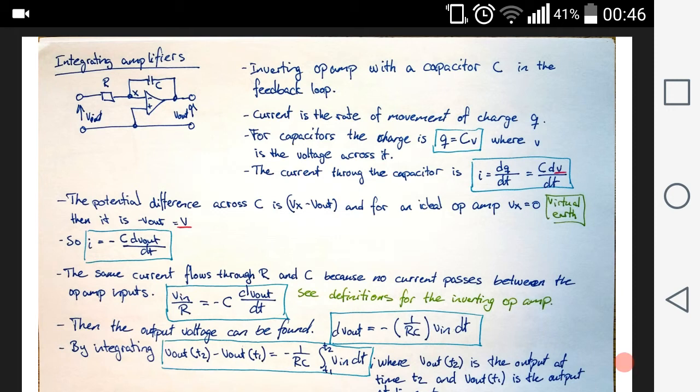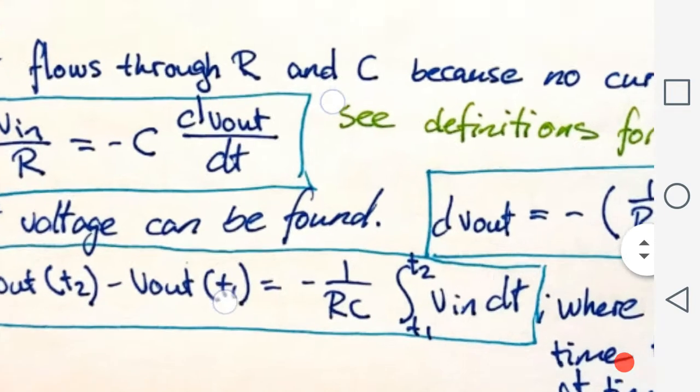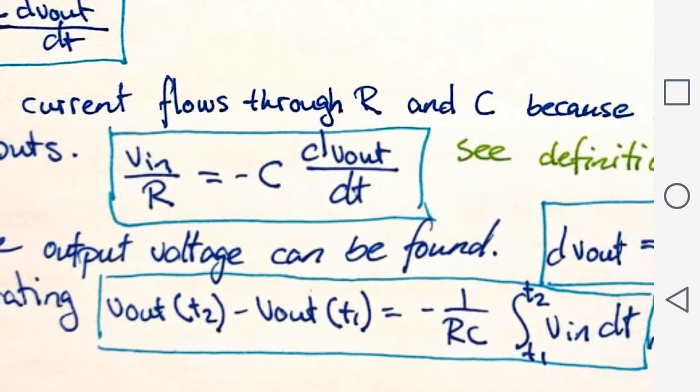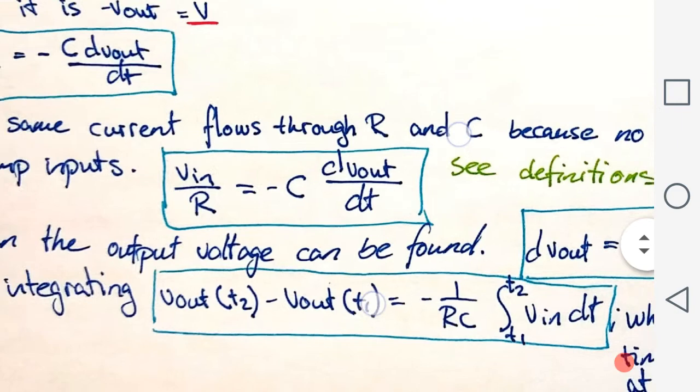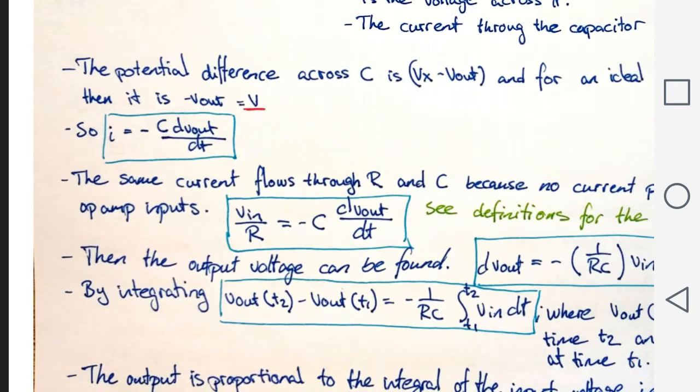Then we can say the current through the resistor is equal to the current through the capacitor, with this equation here, where you have the input voltage divided by the resistance equal to minus the capacitance times the derivative of the output voltage divided by the derivative of the time. So with this you have the definition for the current both in the resistor and the capacitor.